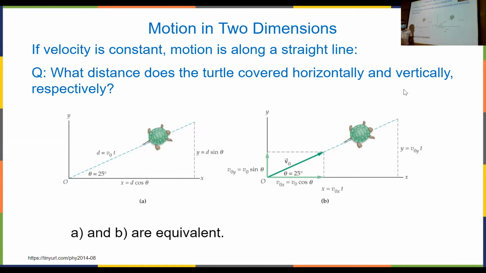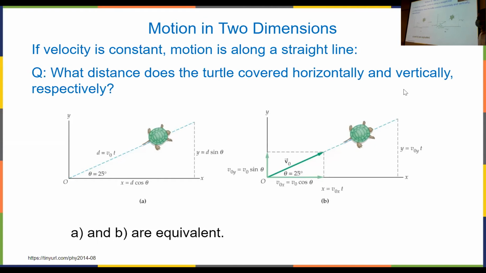Or you can calculate the velocity x and y components first. Then the distance traveled in x direction will be equal to the x component velocity times time t, and the distance traveled in y will be equal to the y component velocity times time t. Either way, you should be getting the same result at the end.